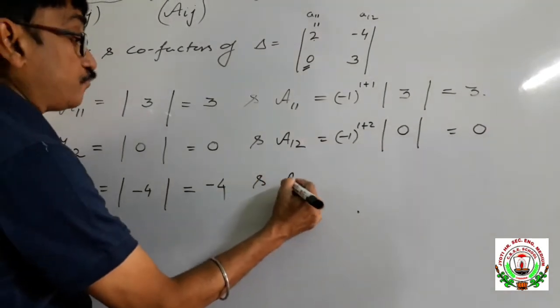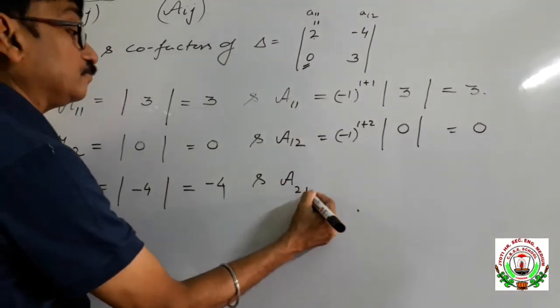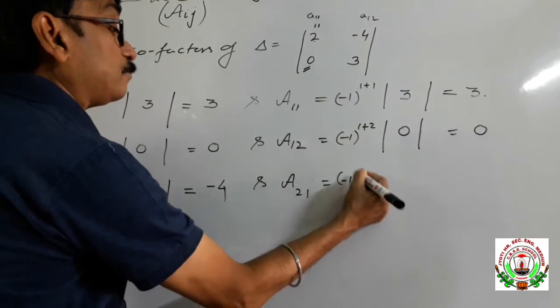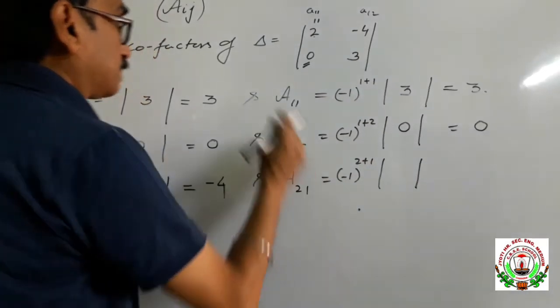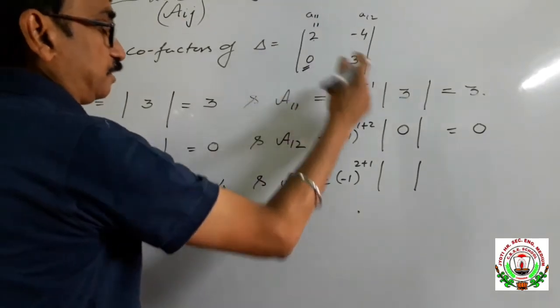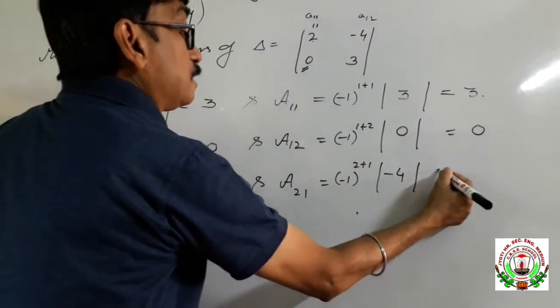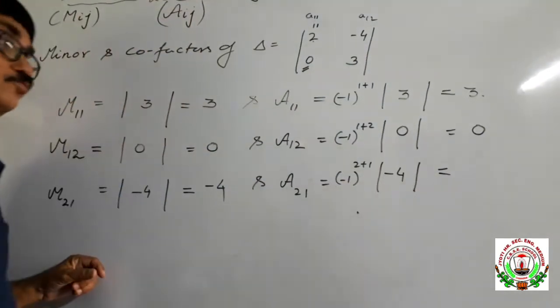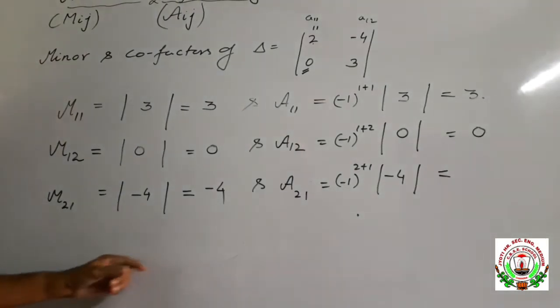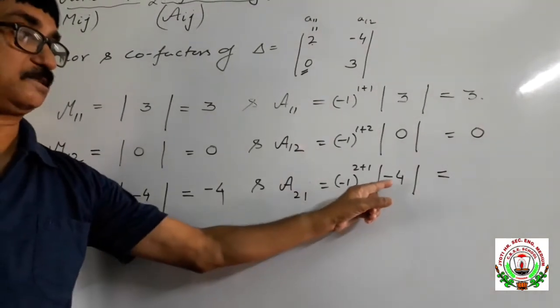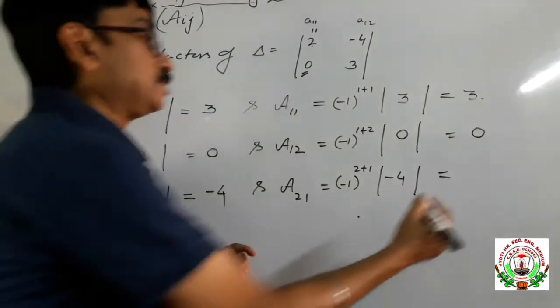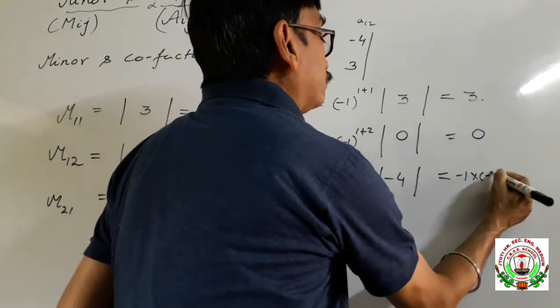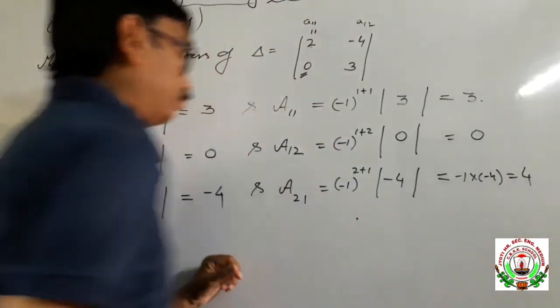Its cofactor A21 will be given by minus 1 to the power row plus column, and if we delete the second row and first column, we get minus 4. Now minus 1 to the power 2 plus 1 is minus 1 cubed, that is minus 1, and since this is not a modulus, the value is minus 4. So minus 1 into minus 4 will give you plus 4.